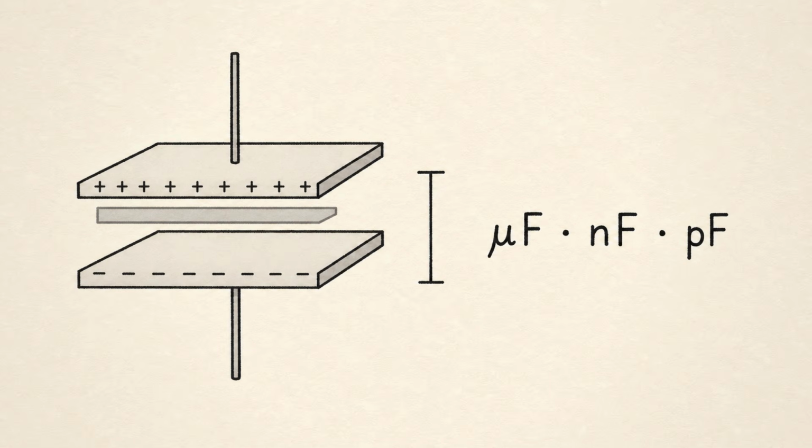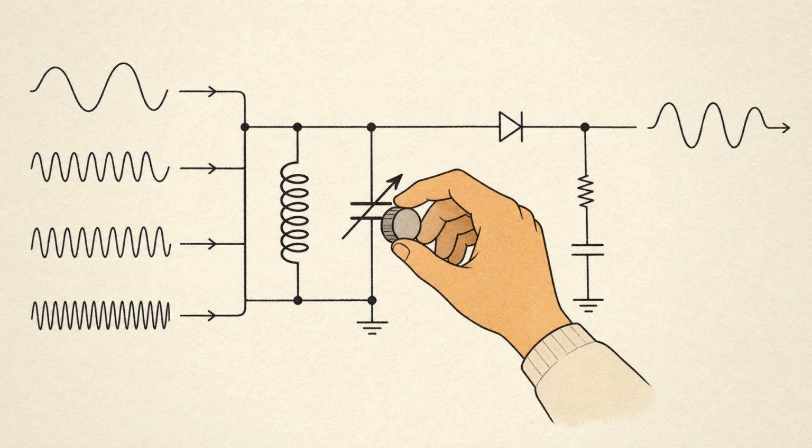In practical electronics, 1 farad is a large value, so capacitors are often measured in microfarads, nanofarads, or picofarads. Capacitors are used for many purposes: smoothing power supplies, blocking direct current, passing alternating signals, and tuning circuits. In radio, capacitors are very important because they help select and control frequencies.